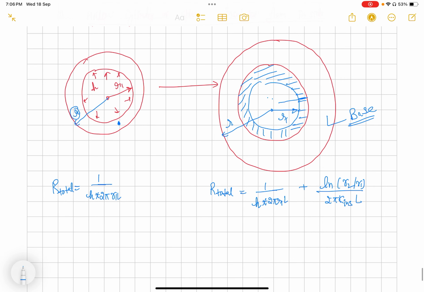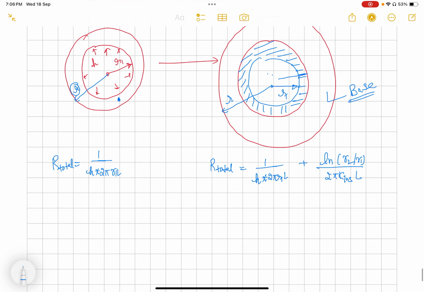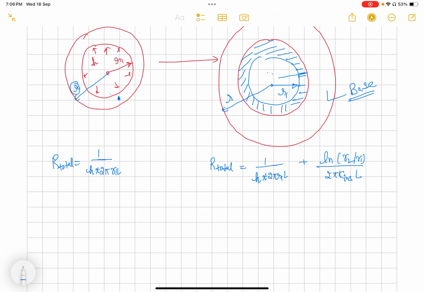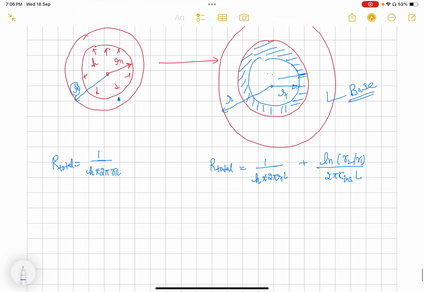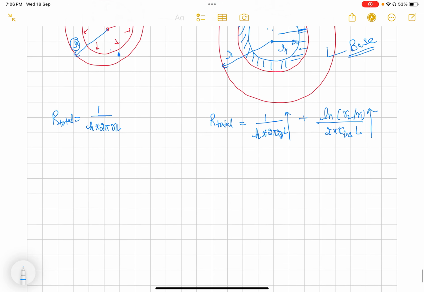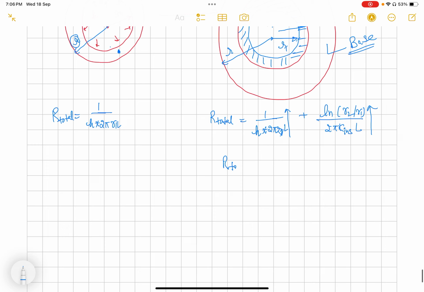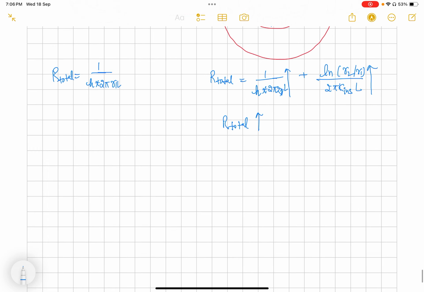So we can see that when we are insulating from the inside, previously it was radius R1, and if we insulate from inside, R1 will decrease, right? So if R1 decreases, this term will increase and this term will also increase. As a result, total resistance will also increase, and when total resistance increases, heat loss will decrease.